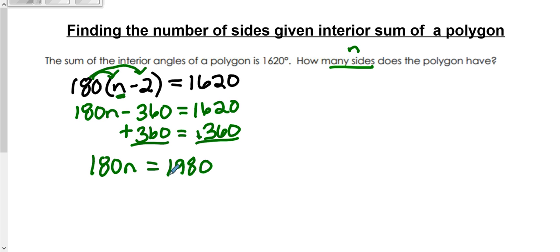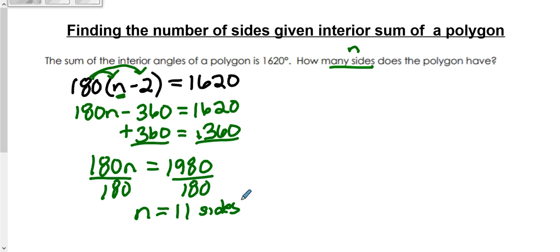And then we're going to divide both sides by 180. And n is going to be 11 sides, because 11 times 180 is 1980. So we have 11 sides to this figure. This polygon has 11 sides.